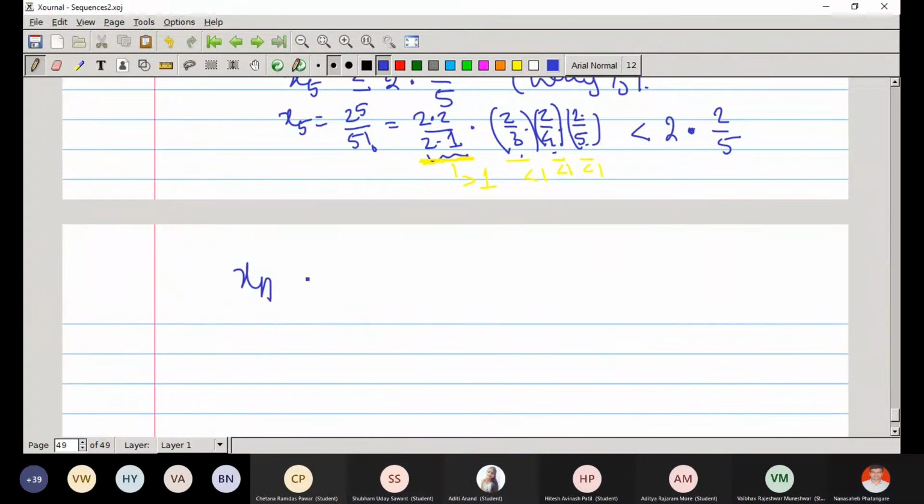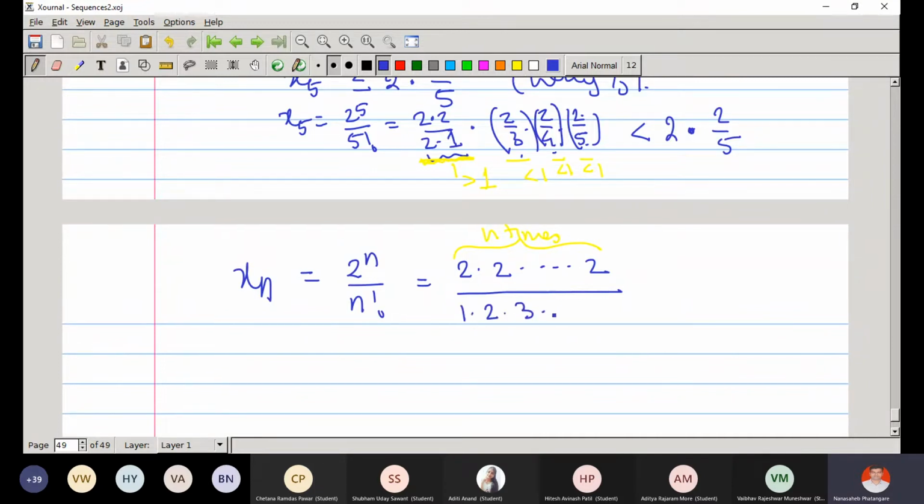xn is 2 to the power n upon n factorial. In the numerator, 2, 2, 2: how many times 2? n times. Then what is the denominator? 1 into 2 into 3 into up to n. This is the denominator, so n factorial.